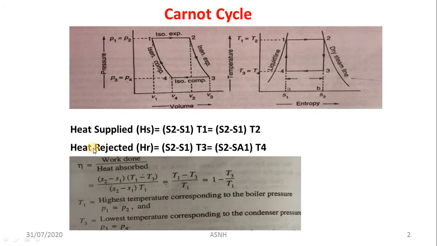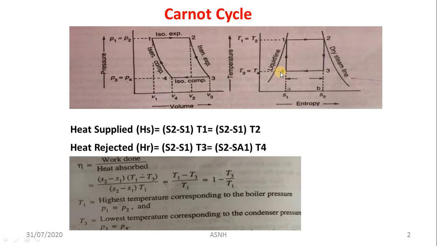Similarly, the heat rejection, HR, happens in process 3-4. The formula of the heat rejection is the same as that of the heat supplied: change in entropy times absolute temperature, but this process deals with points 3 and 4.